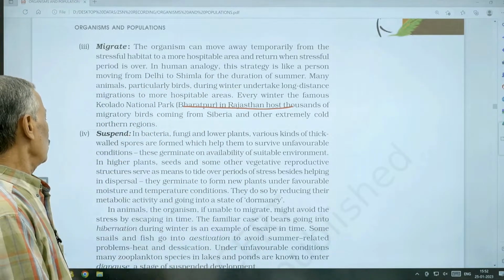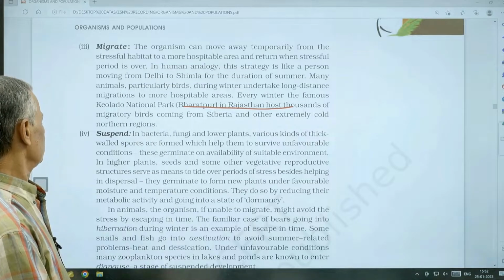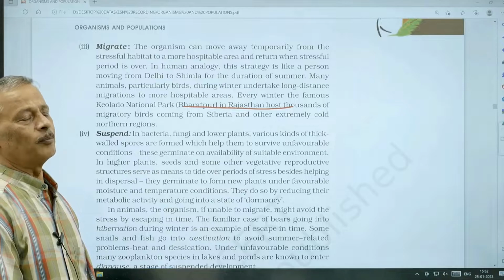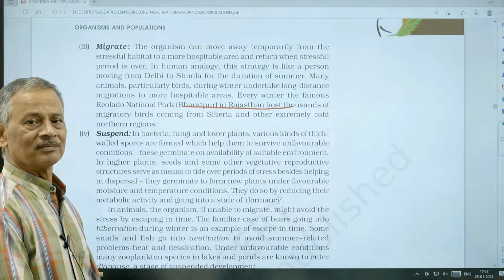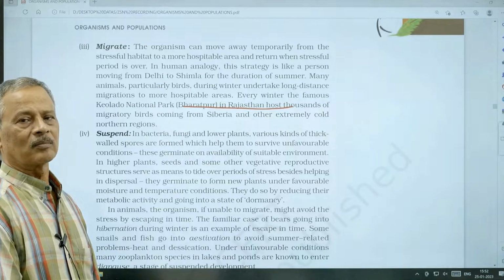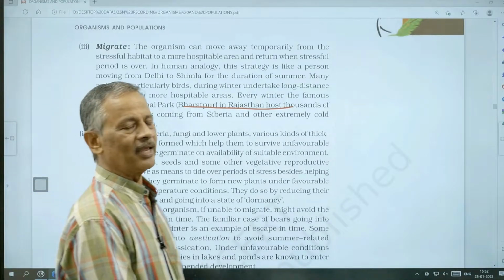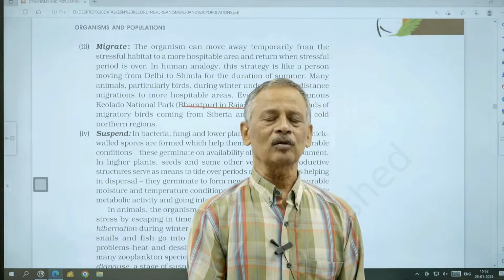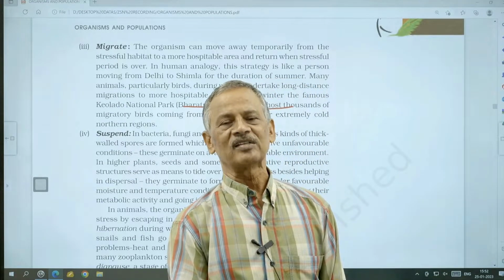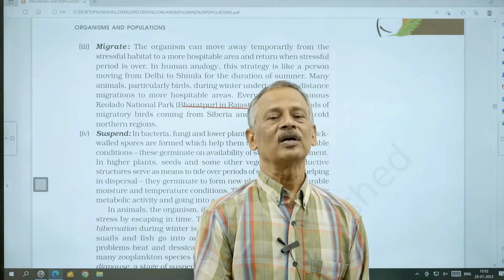So plants are also having this mechanism. They will be flowering and producing seeds and they die even before the advent of summer, most of the graminae, so that they need not expose themselves to the vagaries of summer.